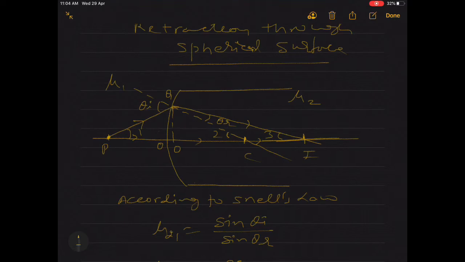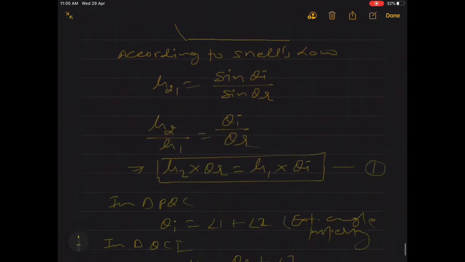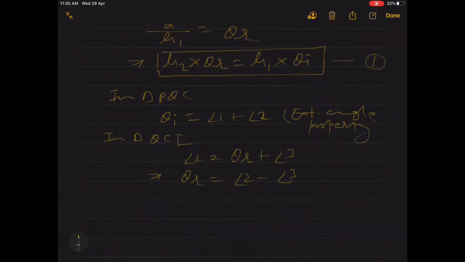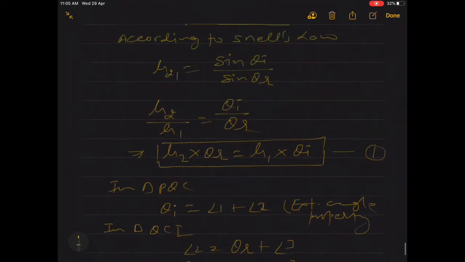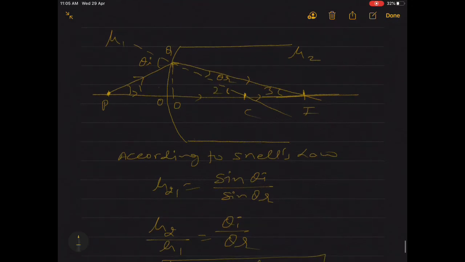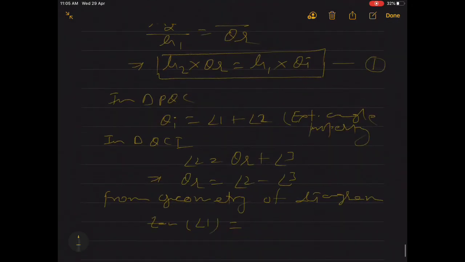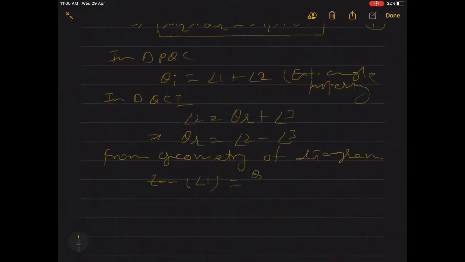So in triangle PQO, we can have tan of angle 1 is equal to QO upon PO, from geometry of the diagram.